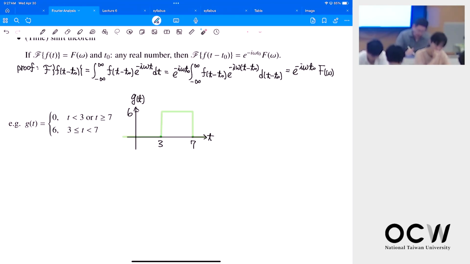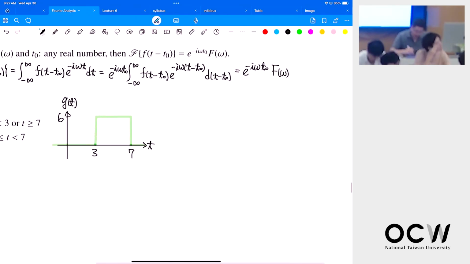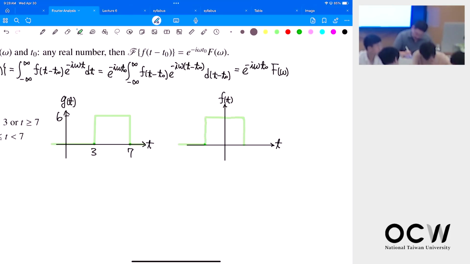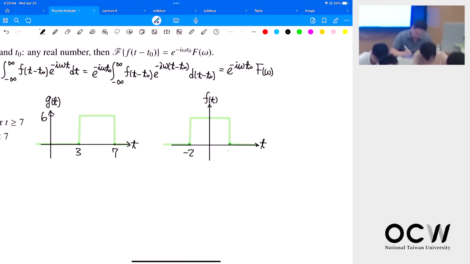So to find this Fourier transform, we can also think about the pulse function. Say t, and this is f of t, from -2 to 2.